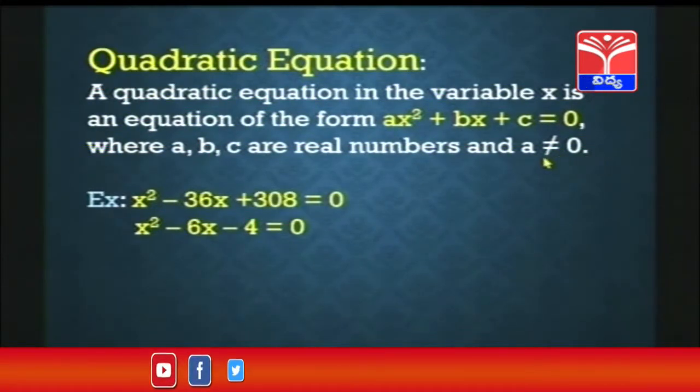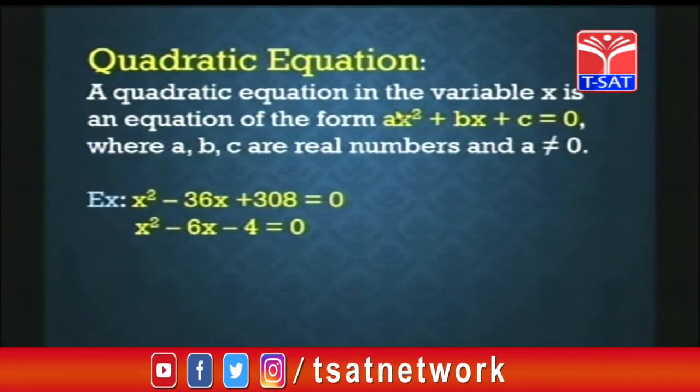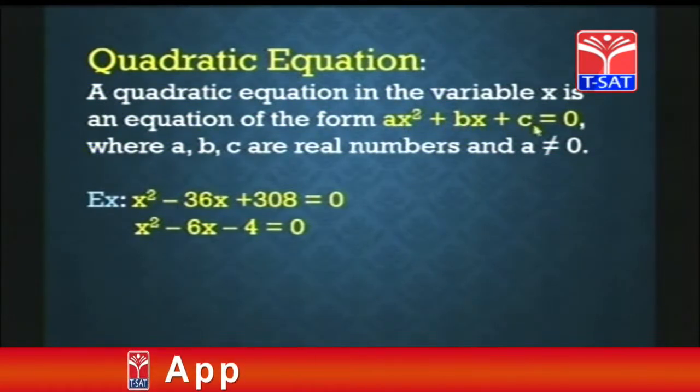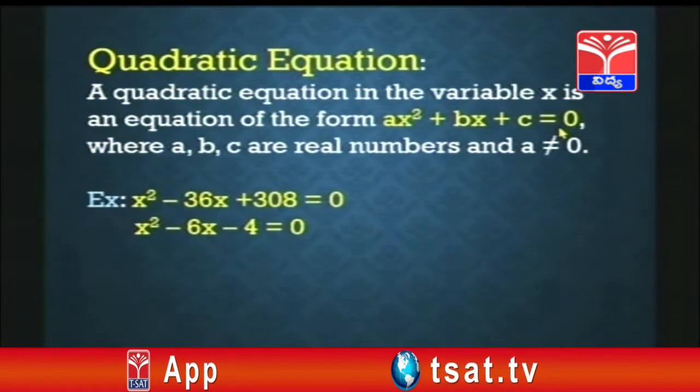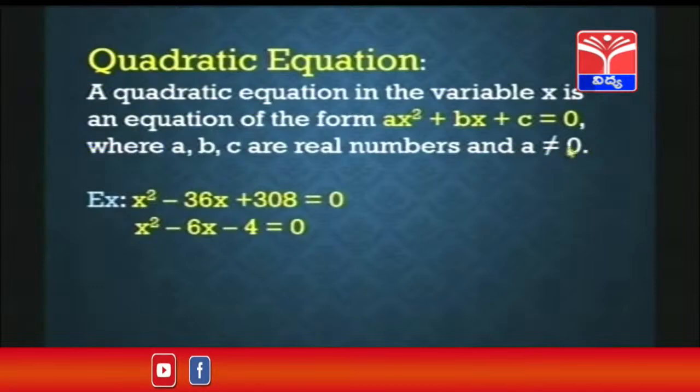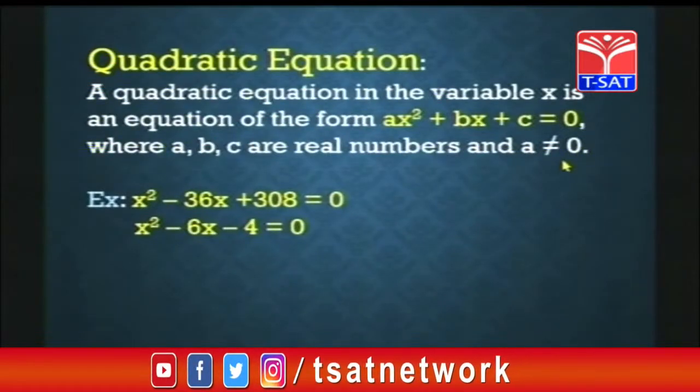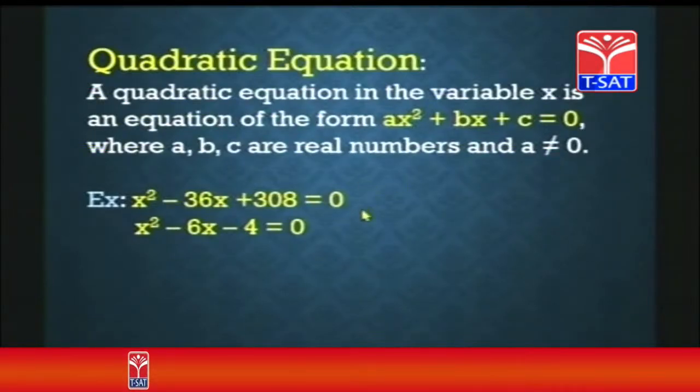If suppose our a is equal to 0, then the coefficient of x square becomes 0 and the equation reduces to only bx plus c is equal to 0, which is a linear equation and not a quadratic equation. So the condition a is not equal to 0 is very important for any equation to be called as a quadratic equation.